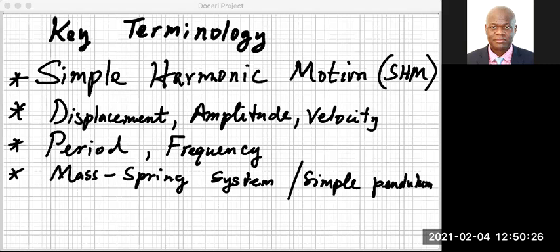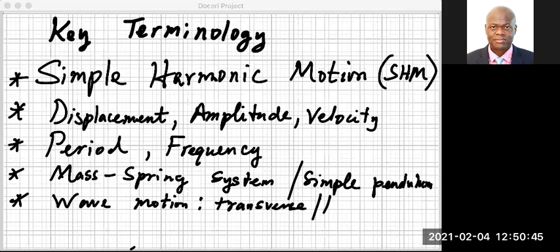And then the second part, we have wave motion. Here we have primarily two types of waves, transverse and longitudinal.